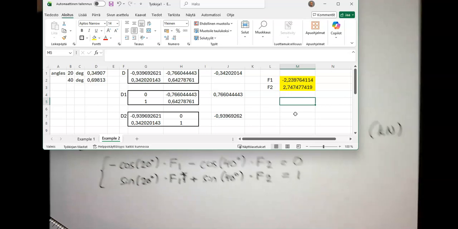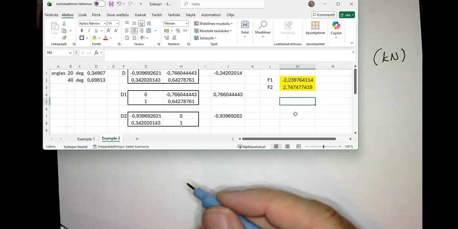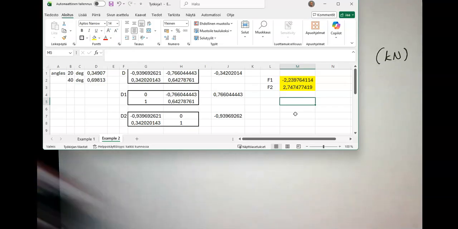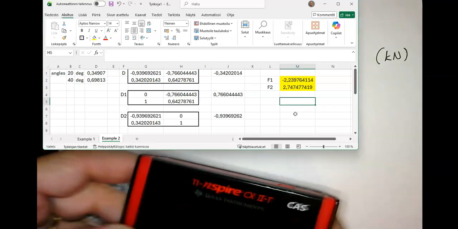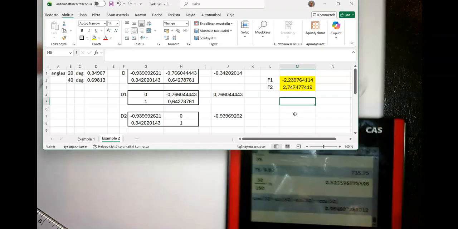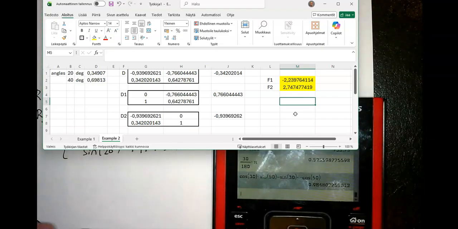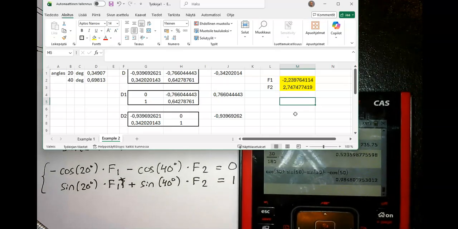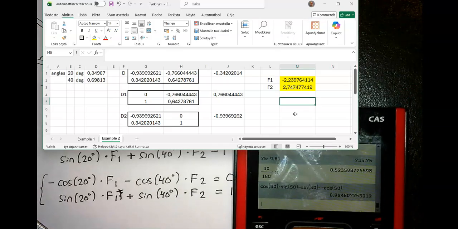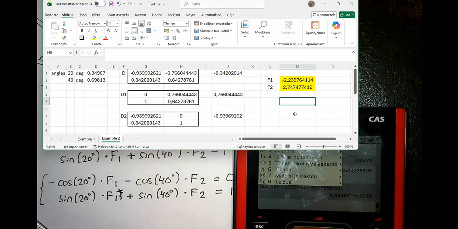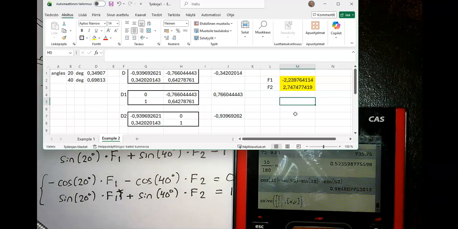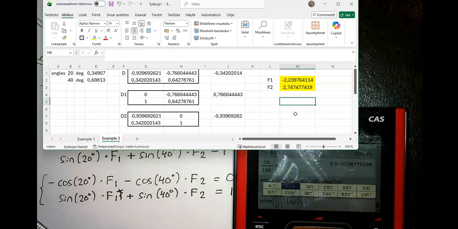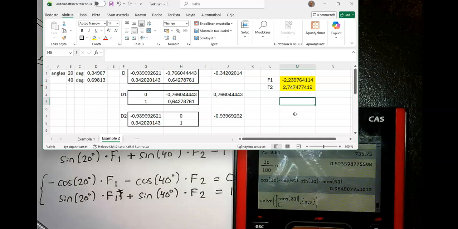Right now, let's check that with my calculator, because if we made an error, it is stupid to continue. So I will use this calculator to check, menu 371. I can write the equation here.